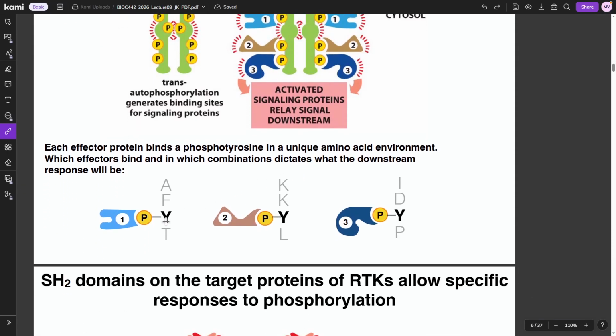So here's an example of that. You can see here, this tyrosine is surrounded by a threonine, a phenylalanine, and an alanine. This is going to be binding a different protein than the lysine-lysine-leucine or the isoleucine aspartate proline, right? So these different environments result in different proteins binding to different parts of the RTK.